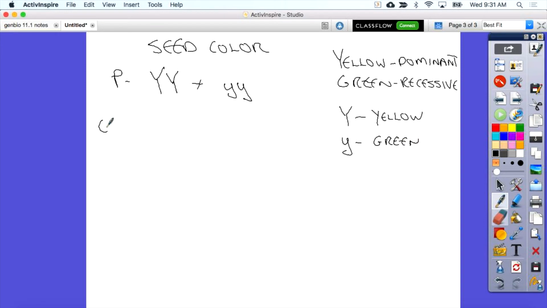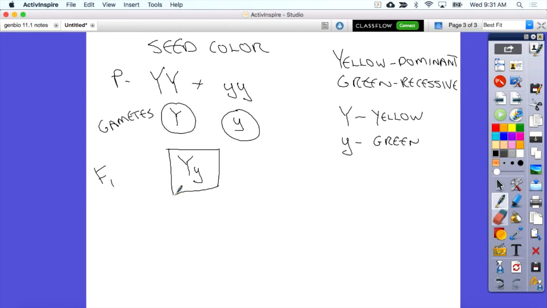So put the gametes together. The gametes are sex cells. We only have 1 of each allele possible from each parent. And so again, our F1 generation is going to be 100% heterozygous. That is, the genotype has non-identical alleles, 1 big Y, 1 little y.